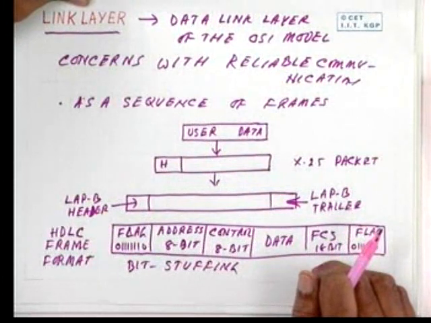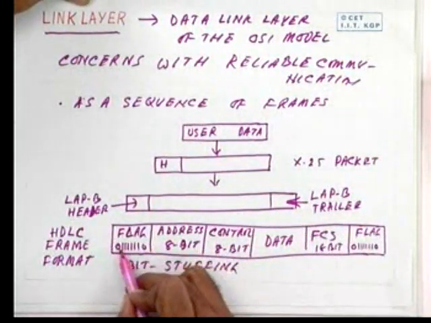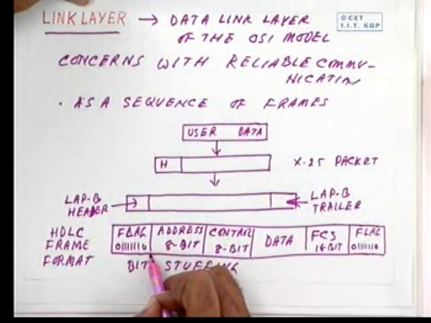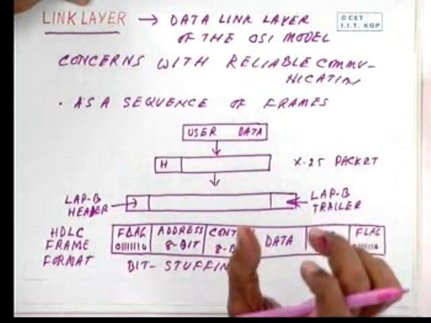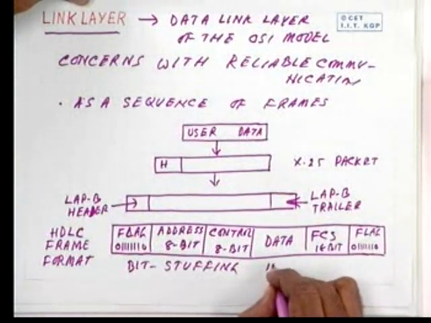The idea is, after this flag of 8 bit, if you get a sequence of 5 ones, you introduce a 0.